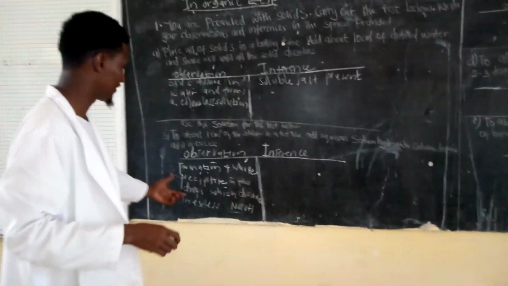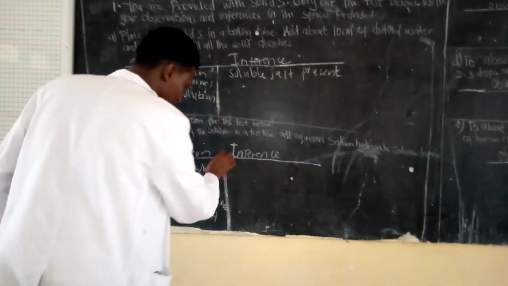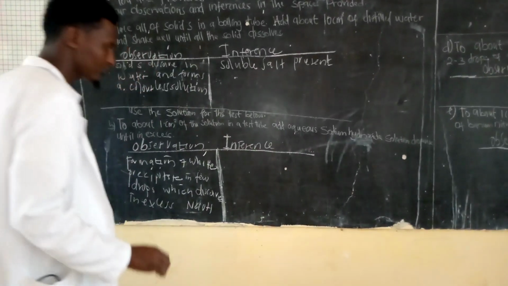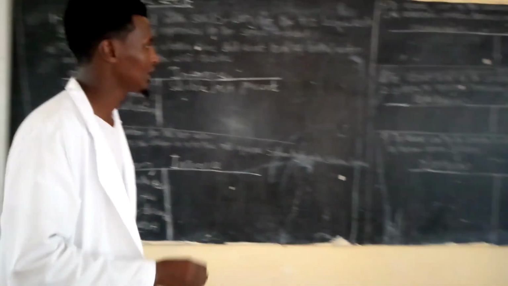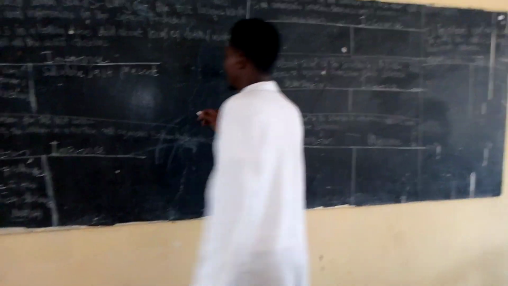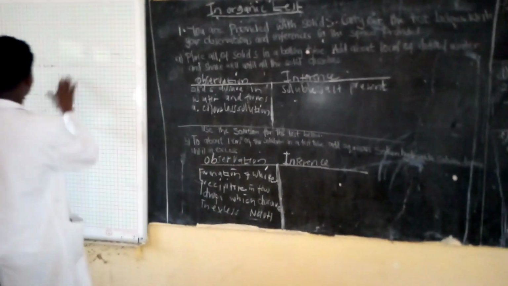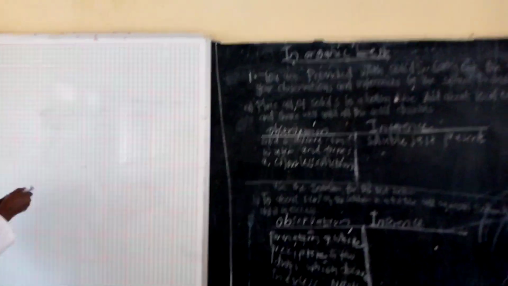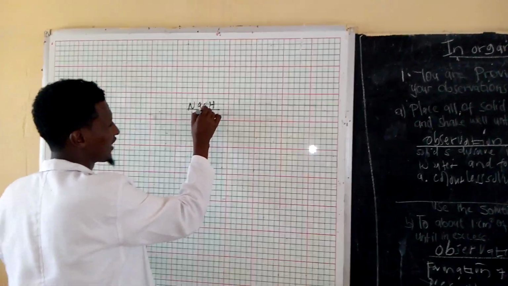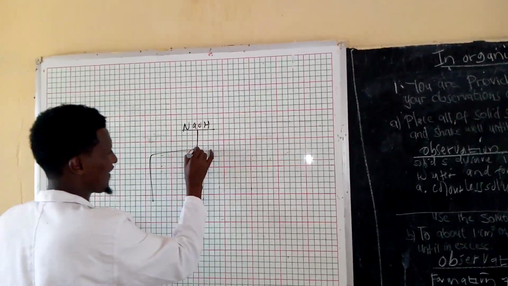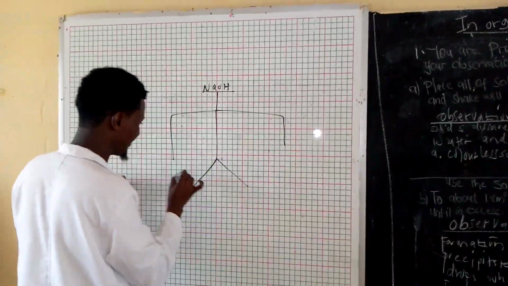When this one is done, now we are going to write. Remember this. Look here. If, for example, you are using sodium hydroxide, it will be like this.